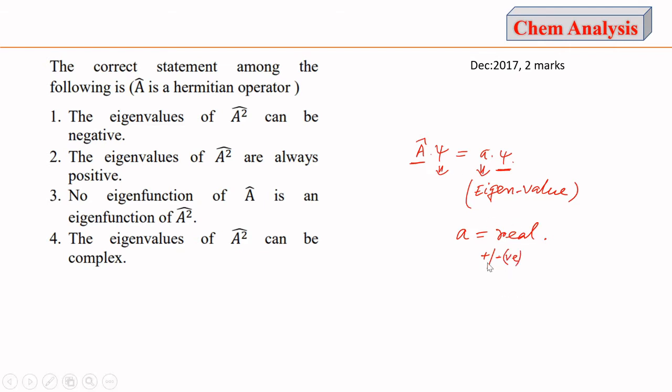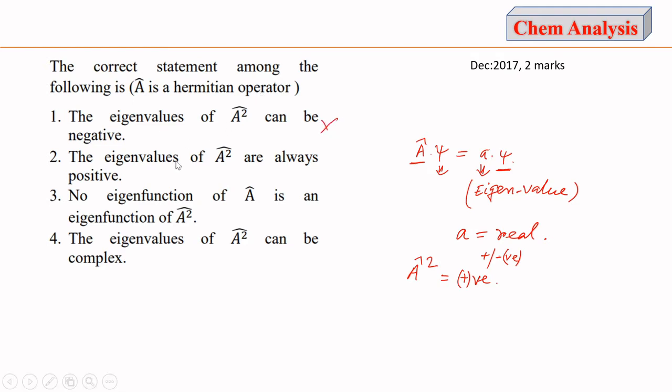If we consider the eigenvalue of the A square operator, then it must be positive. Since the eigenvalue corresponding to the A operator can be positive or negative, but the square of that must be positive. So the first option is not correct.